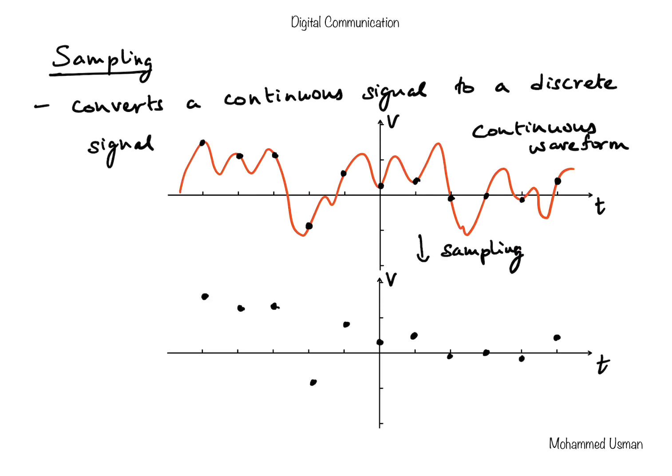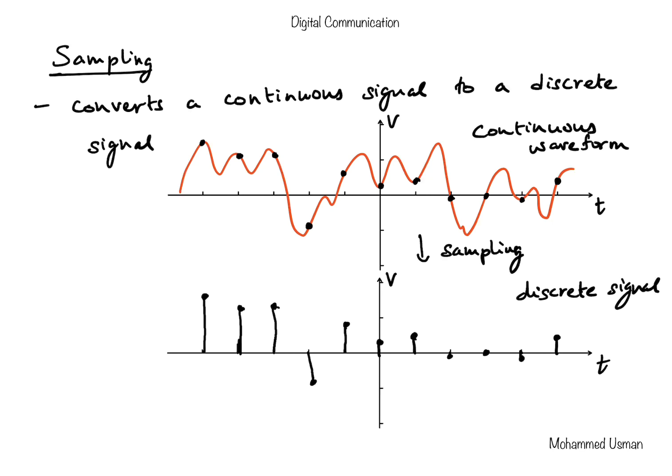So we can actually put some lines here to indicate the height of each of those points. So that's the next one. So that's basically the amplitude or voltage of the signal at those sampling instances. So this is what we call the discrete signal.